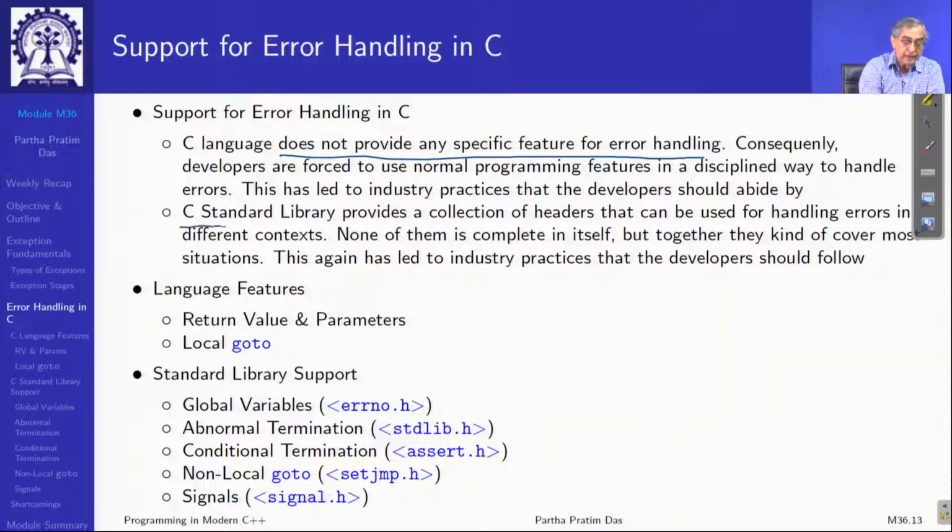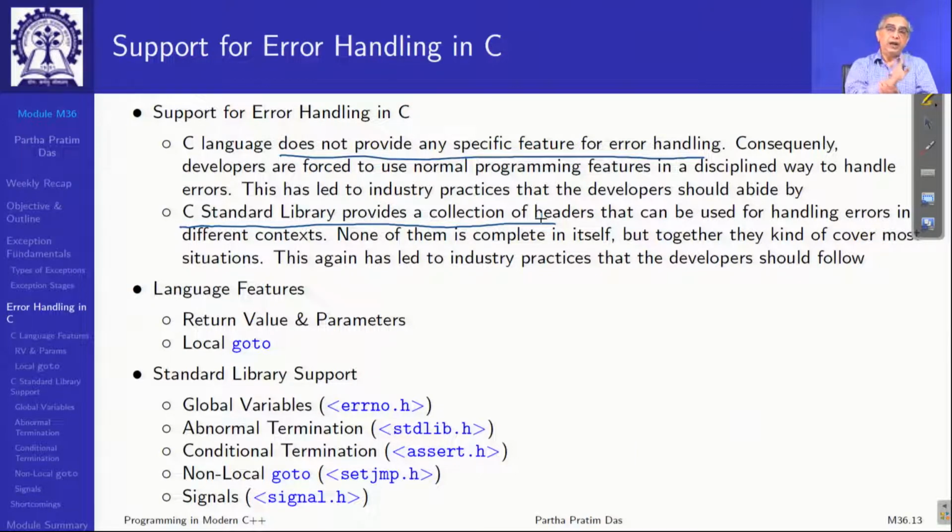When it was realized that C language has no support for error handling, several C standard library headers started coming up to deal with different types of errors in different contexts. But there was no comprehensive support, because the language is already fixed, and you are providing libraries to support. So, each standard library header deals with certain aspects of certain types of errors, but is not complete in itself.